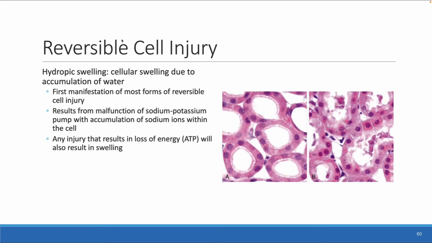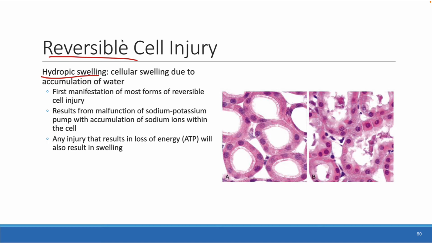One of the things that can stimulate apoptosis is cellular injury, but it doesn't have to be that the cell is told to die. With reversible cell injury, for instance, we can fix the cell, right? So the first thing that happens in reversible cell injury is this hydropic swelling, where the cell swells because of the accumulation of water.